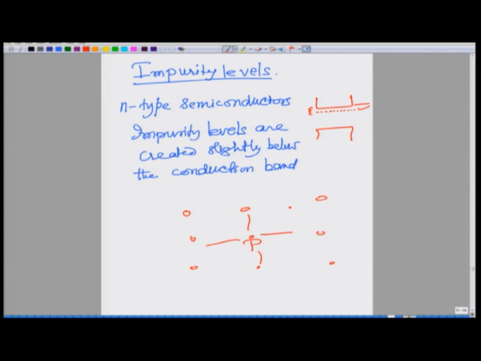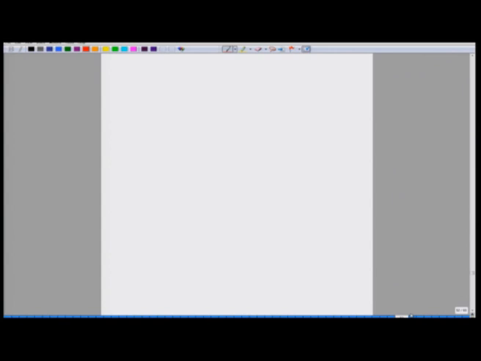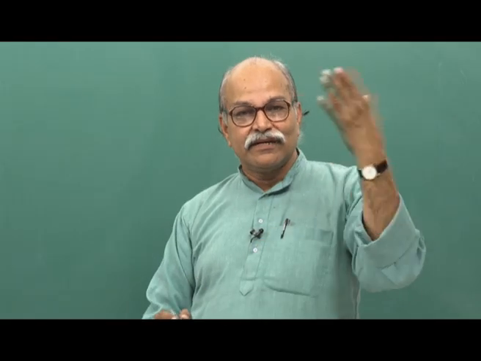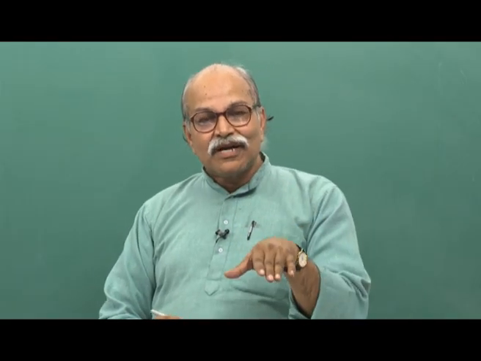So, you can do a calculation for hydrogen atom, for hydrogen atom, the ionization energy is 13.6 eV. So, if you give 13.6 eV energy to the electron, then it can leave that nucleus and go.